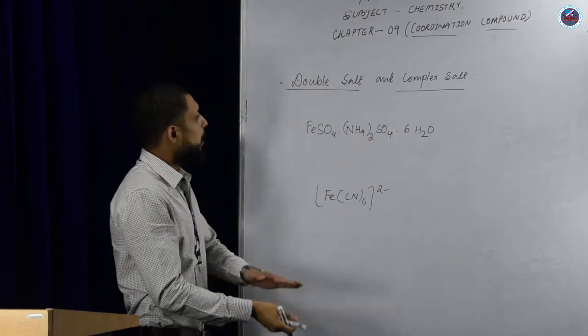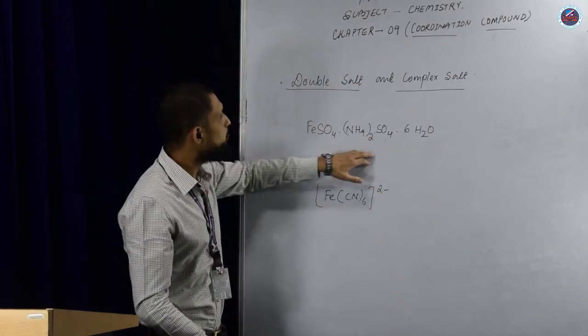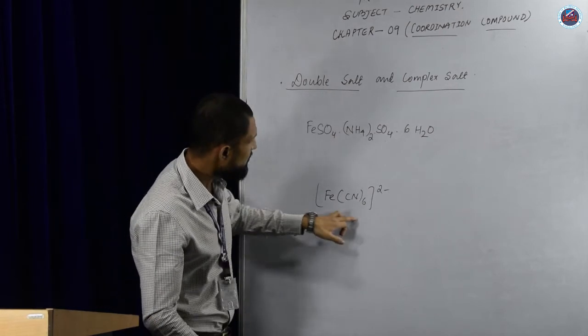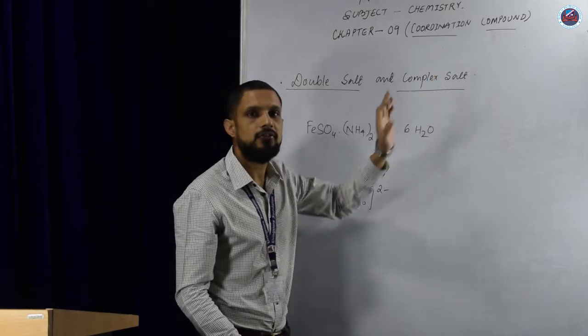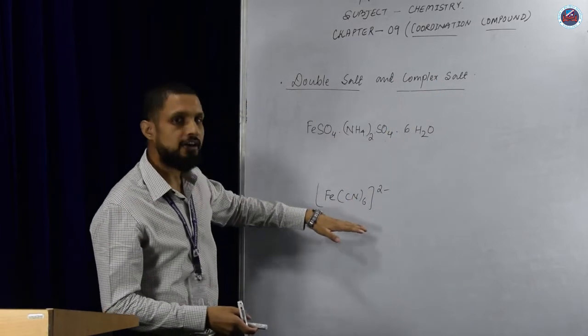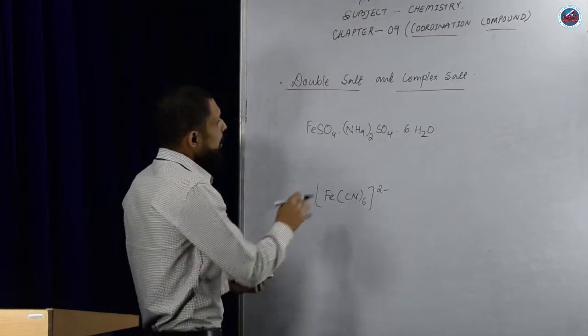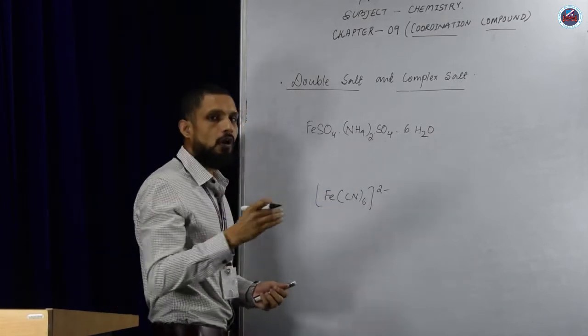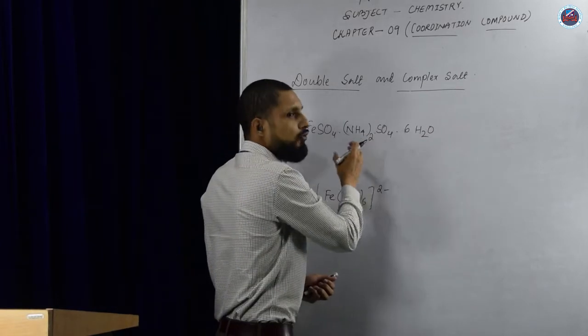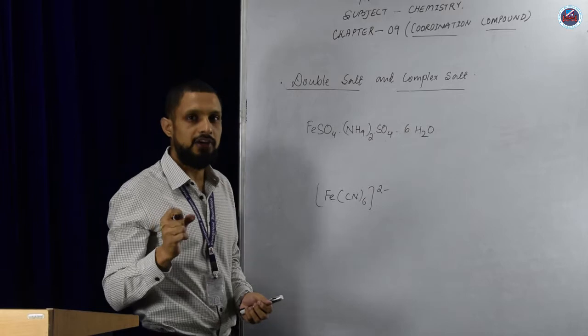Okay. Now this compound is an example of double salt, whereas this is an example of complex salt. Now the difference between double salt and complex salt is, double salt, when you dissolve it in water, it will completely dissociate into simple ions.